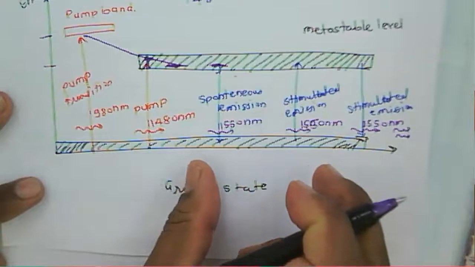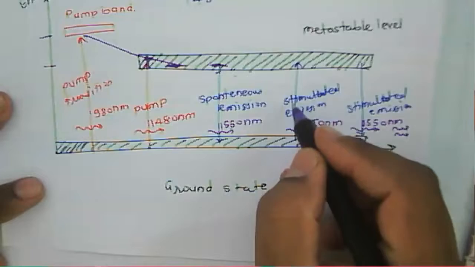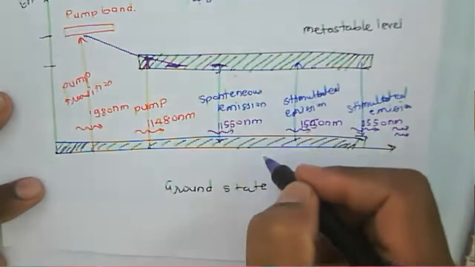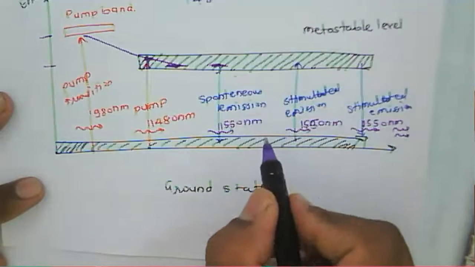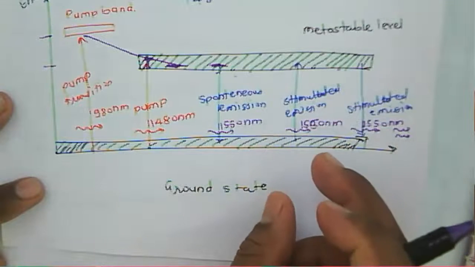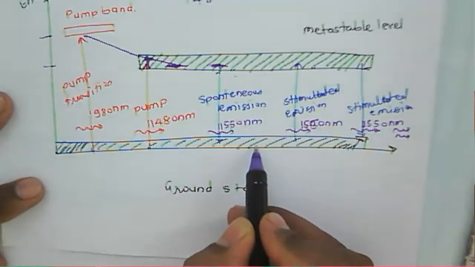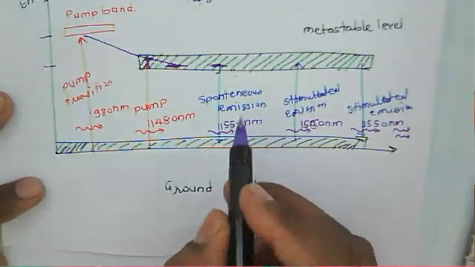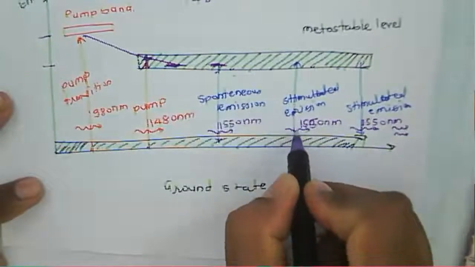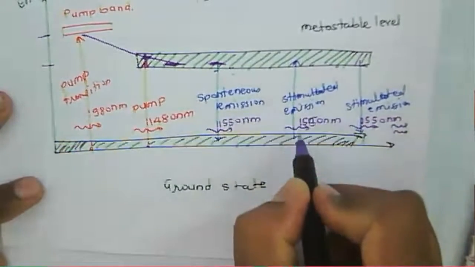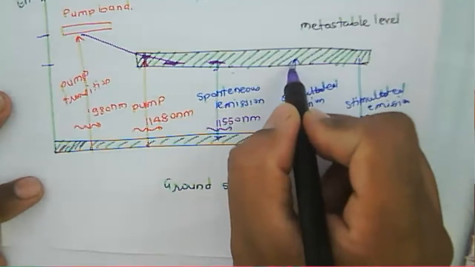Then photons that have the band gap energy between this metastable state and the ground state, in that case a small portion of that external photon will be absorbed by these ions in the ground state, and then they will raise the ions to the metastable state, from this ground state to this metastable state.